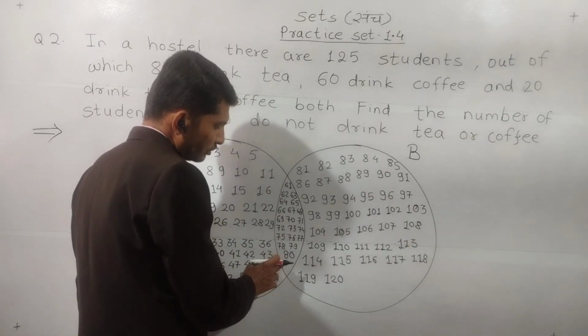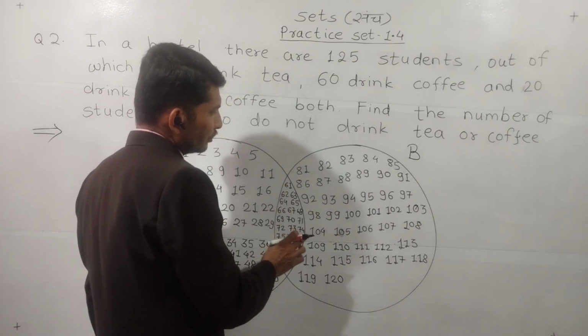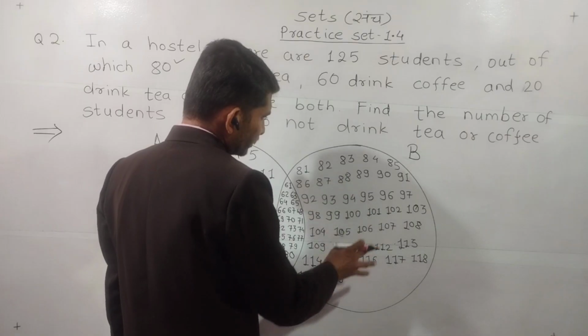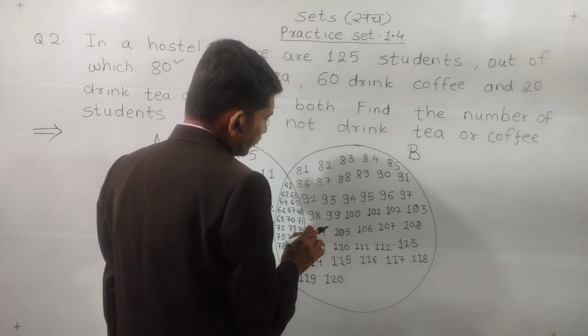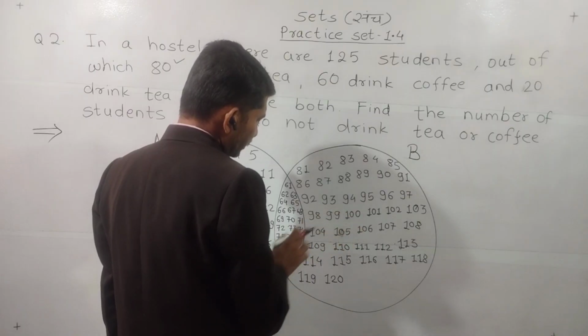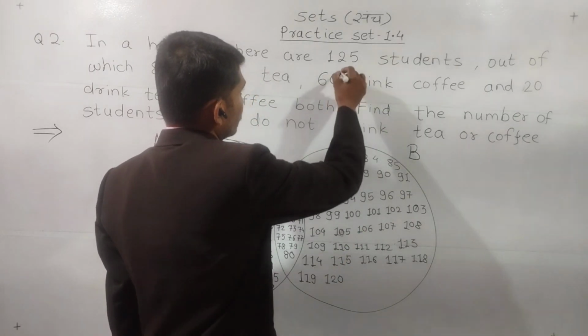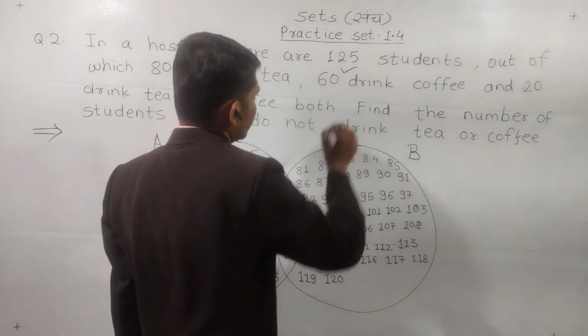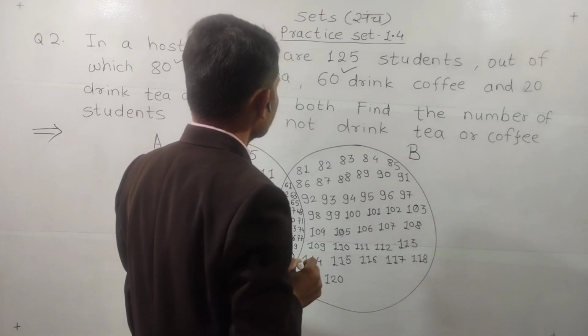So these 20 students from 61 to 80 we have added to those who are drinking coffee. 40 students plus these 20 students is equal to 60 students. We have completed this evaluation also.